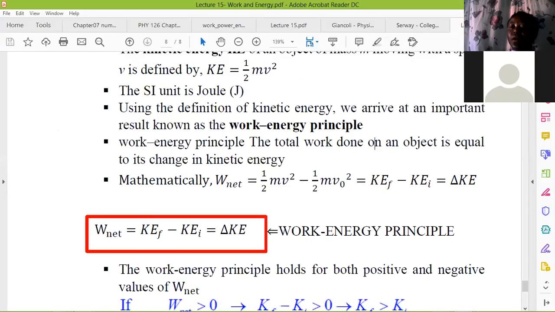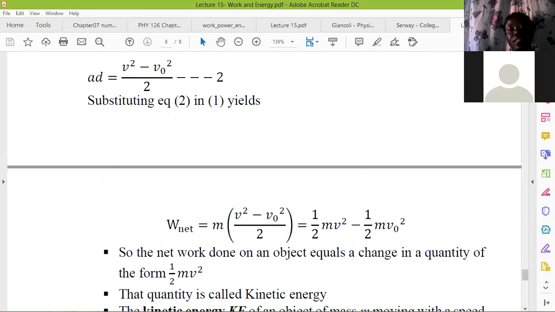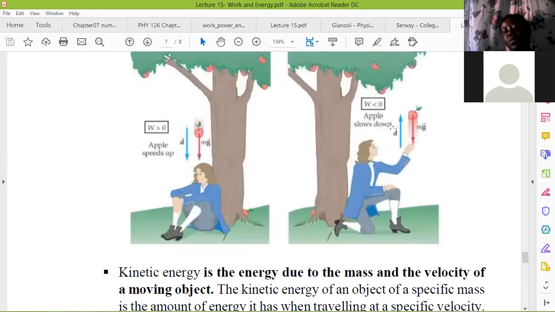One thing to note is that when you have a negative work done, the speed slows down. The object tends to slow down, so it equals the work done by the net slowing forces, the forces opposing that object.